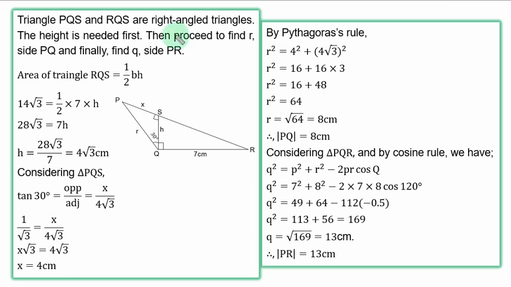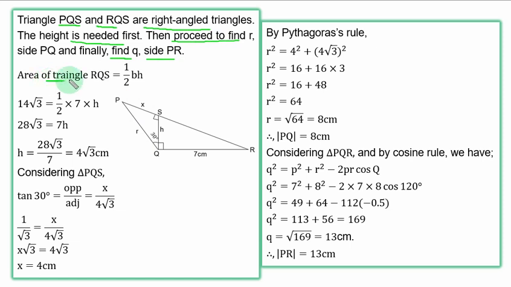From this adjustment, triangles PQS and RQS are right-angled triangles. The height is needed first, then proceed to find side PQ, and finally you find q, that is side PR.